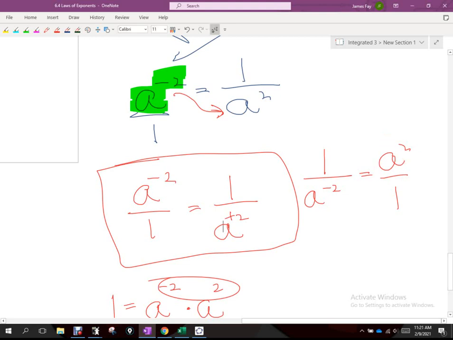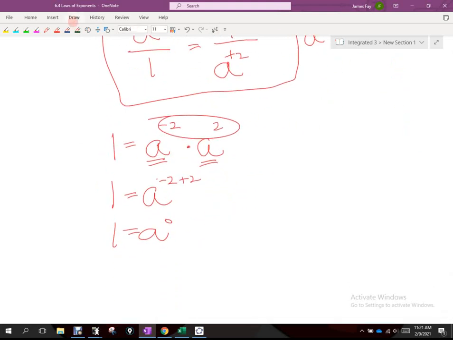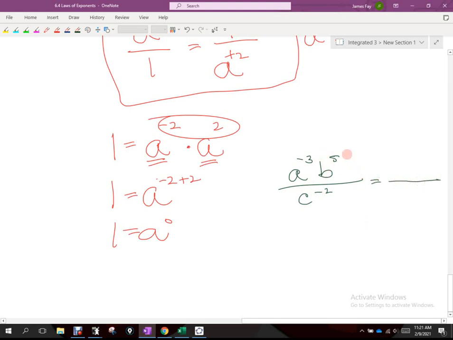So, examples of where we would use that. If they give us something like a to the negative 3, b to the 5th over c to the negative 2. How would you rewrite this? Is this a to the negative 3 going to stay where it's at, or is it going to move?